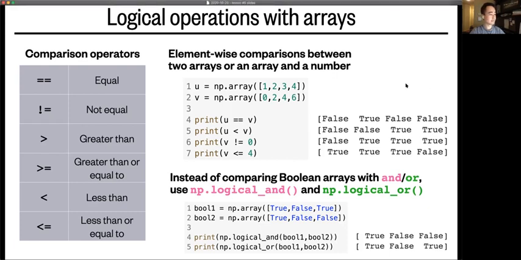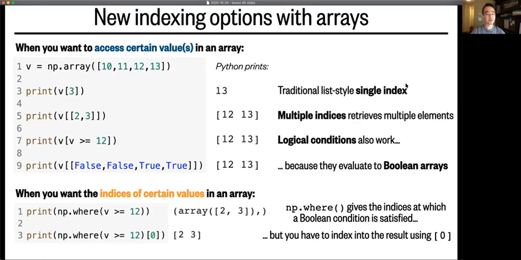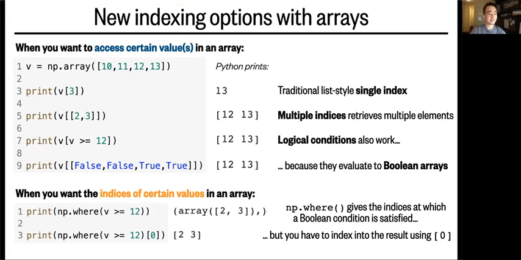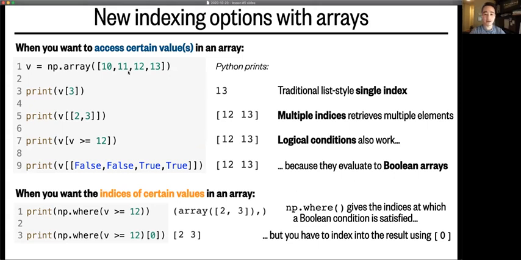Okay, so this last thing is so useful. NumPy gives you some new, very clever indexing options. So say you have this array called v, which is 10, 11, 12, 13. You can still access a single value using a single index, like you did with lists, v brackets 3, and that gives the 0th, 1st, 2nd, 3rd element, which is 13.